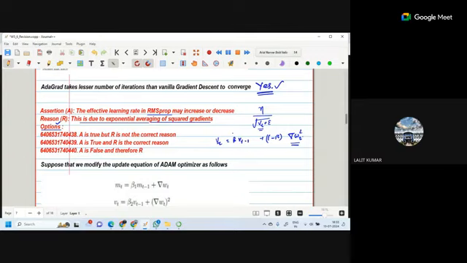Now, depending on this gradient square, this Vt might increase, it might decrease, it might remain the same. So that's why the effective learning rate for RMS prop may increase or decrease, and this is due to the exponential averaging of squared gradients. This is also correct, because this is happening due to this reason.